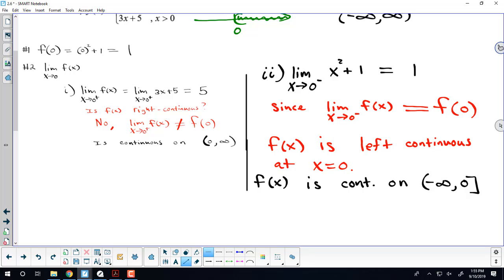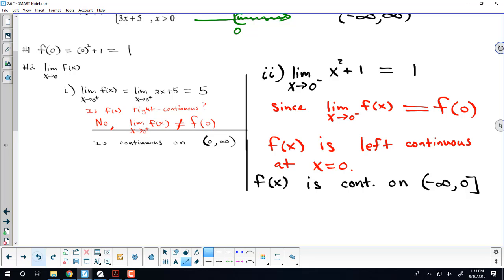If I know where it's not continuous, then that tells me where it is continuous. So in both of these instances, these left and right limits, that's often where you land. You say, well, it's not continuous here. Then you want to go ahead and explicitly state the intervals where it is continuous, since you know where it's not continuous. So this is really our answer for the intervals of continuity.